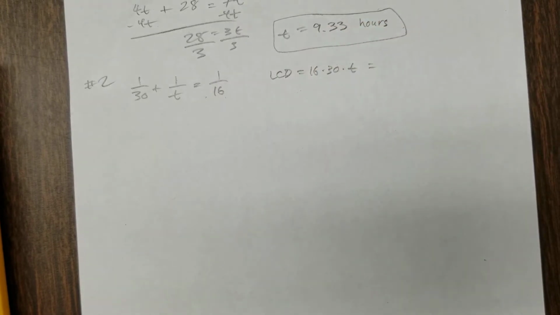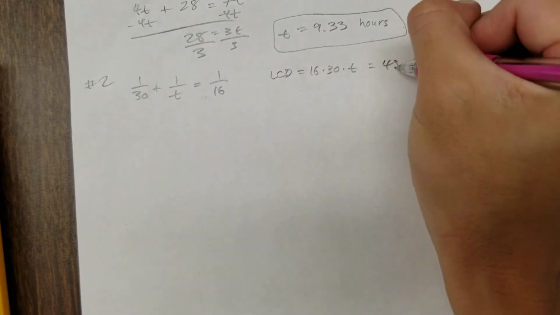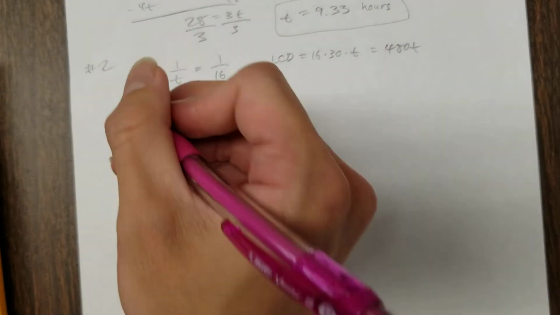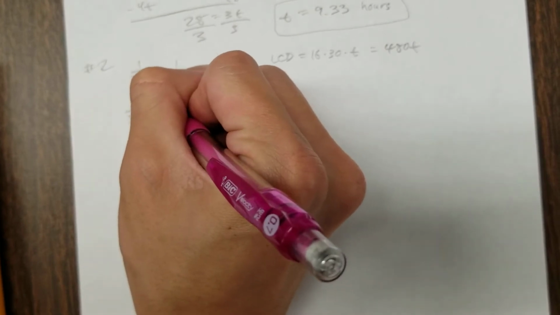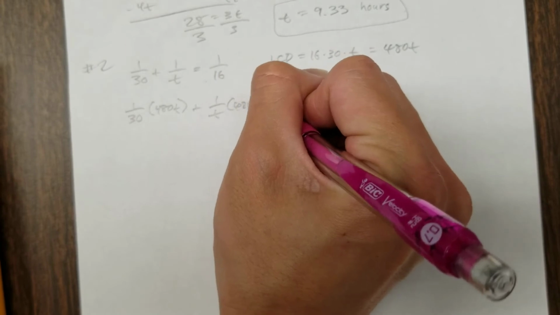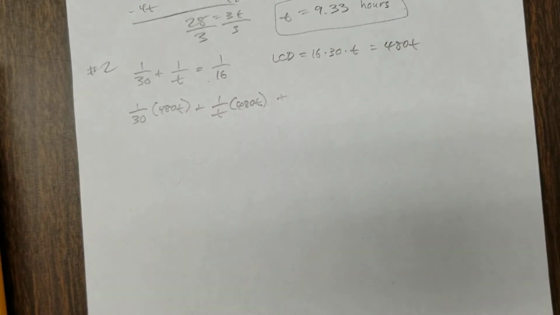That would be 480t. So this is my least common denominator. So I'm going to multiply all of this by 480t. So 480t. This is going to be 480t.